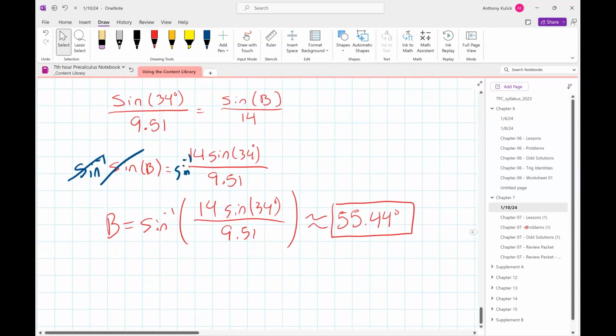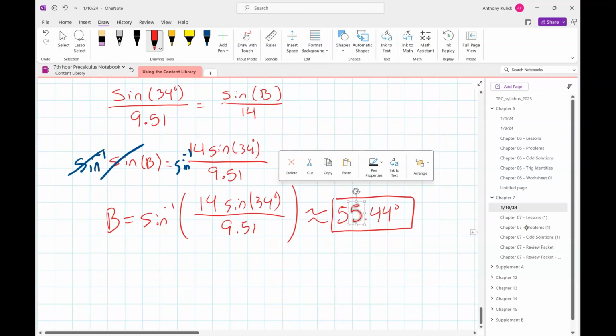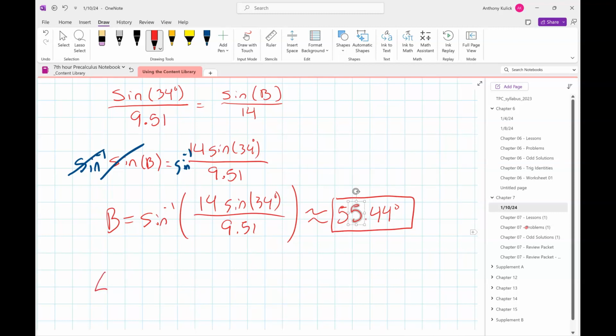All right, we still need angle C. How am I going to find that? Oh, come on, guys. I just found angle B. I already have angle A. Not the Pythagorean theorem. That solves side lengths, but it doesn't work here because it's not a right triangle. How about 180 minus angle A minus angle B?